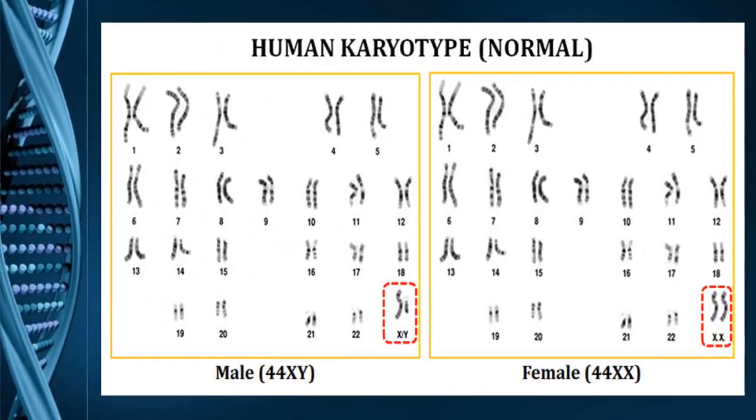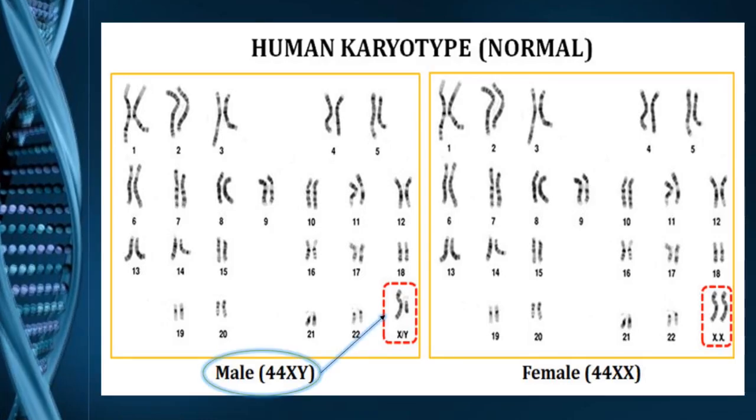These two images are a pictorial representation of a person's chromosomes. In a male and a female, the 22 pairs are common. But in males, the sex chromosome, that is the 23rd pair, is XY, and in females, the 23rd pair is XX, which is the sex chromosome in both cases.